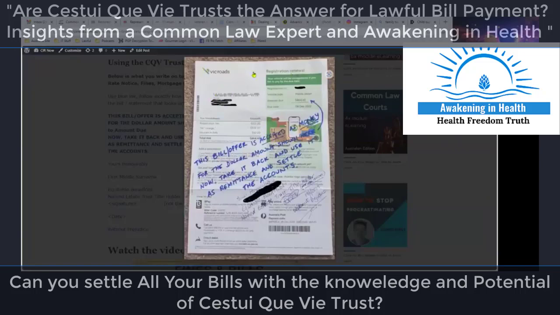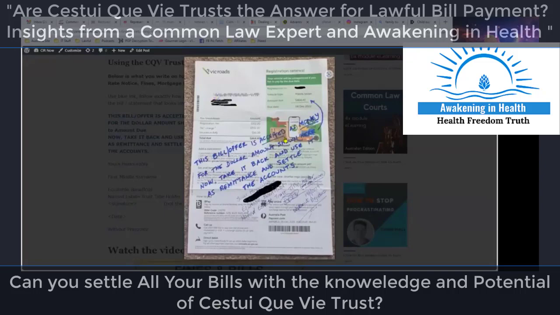This part of the bill, you can see this top third, that is actually a check drawn on our CQV Trust. And this barcode here is what the bank uses to access our money in the trust.